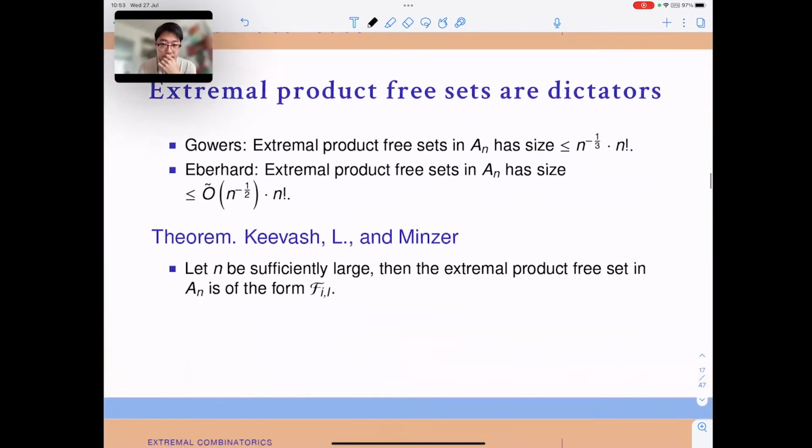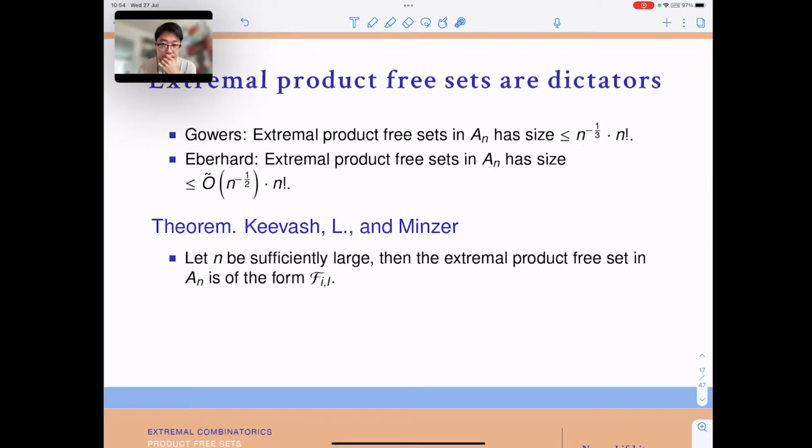Okay, so what is known about this problem? Gowers showed that the extremal product free set in the alternating group has small density. It has density at most n to the minus 1/3, so size at most n to the minus 1/3 times n factorial. And Eberhard later showed the right order of magnitude up to polylogarithmic factors: O tilde of n to the minus 1/2 times n factorial.